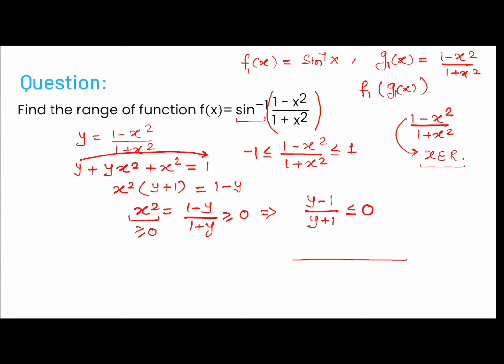So what we are getting from here is minus 1, plus 1, positive, negative, positive, and we have to keep in mind that the denominator cannot be 0. So minus 1 पर हमने क्या कर दिया, open, and close at 1 because there is sign of equality. So we are looking for the less than or equal to. So what we are getting is y belongs to minus 1 open and close at 1.